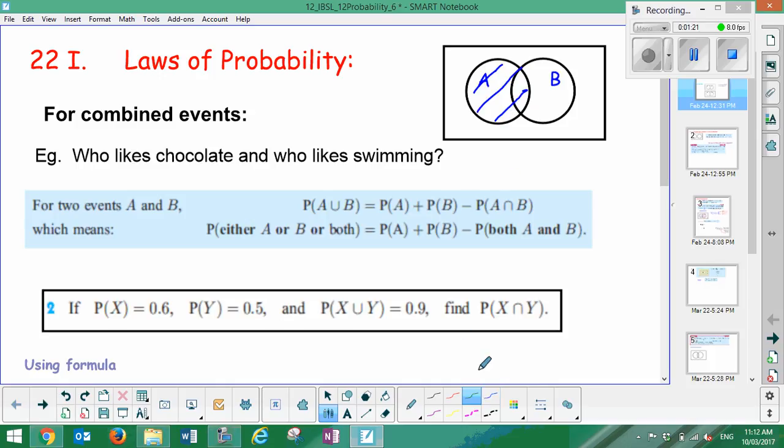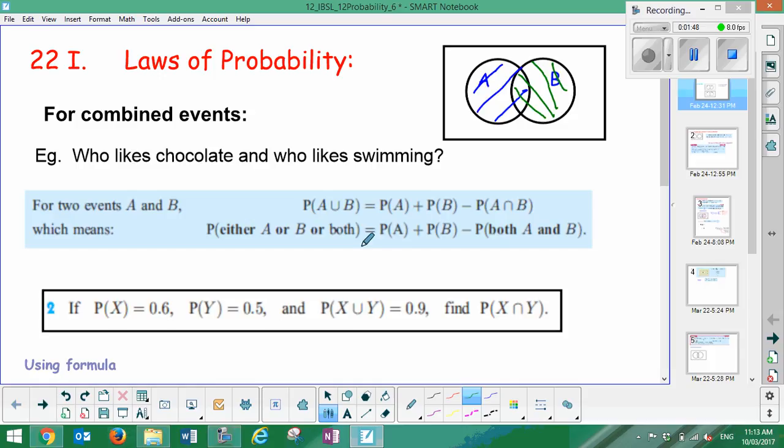Then for B, it's going to be all of these people. And what you see is we end up counting the people in here twice. We count them once with the A's, once with the B's. But we don't want to count them twice, so we subtract one lot of the overlap of A and B. So that's that relationship, and that just accounts for the fact that we've done the double counting.